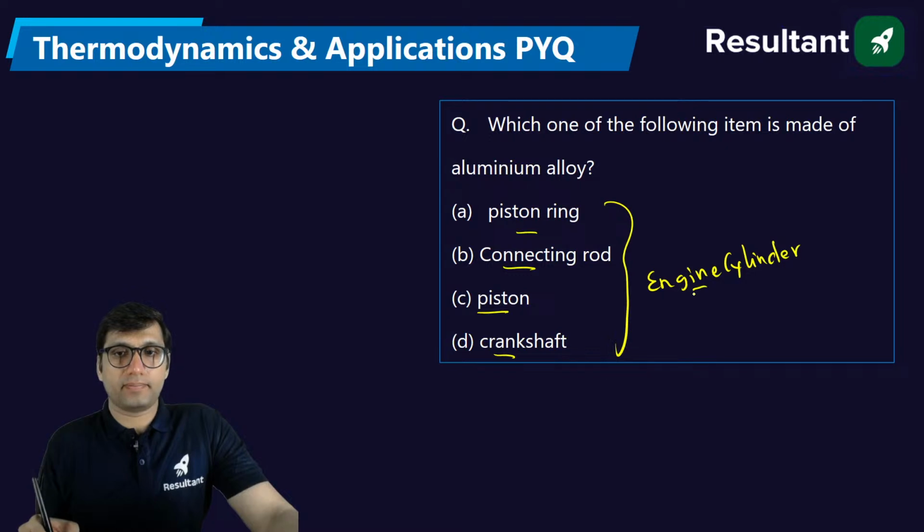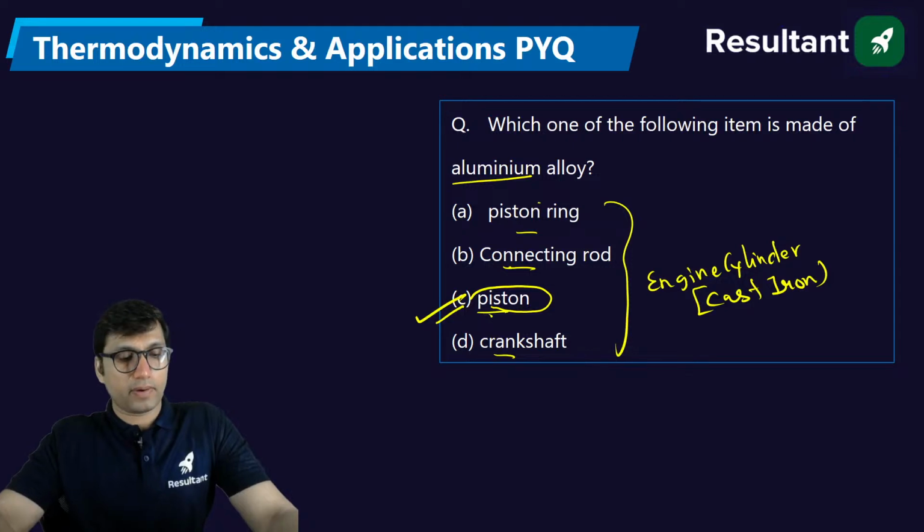You all know that. But the piston is generally made of aluminum alloy. So the right answer for this question will be piston. Clear?